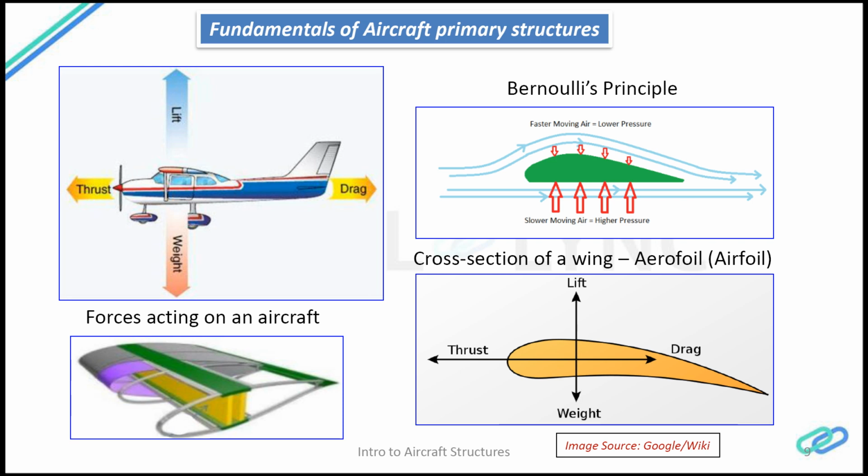What we will have predominantly is the weight of the aircraft that is being pulled due to the gravitational force, and due to the shape of the aircraft, the wind on the ground level will produce some drag.